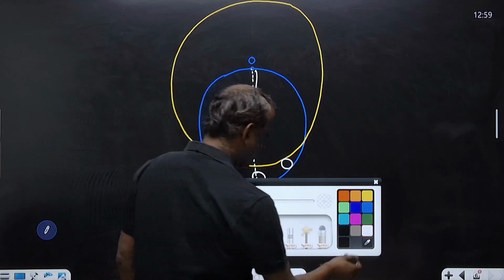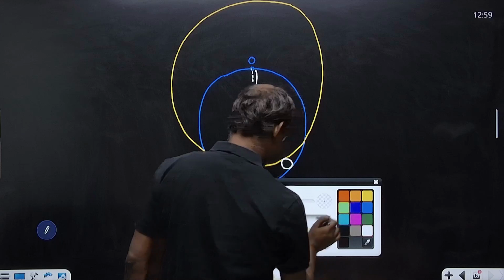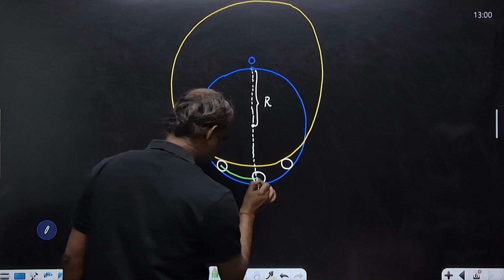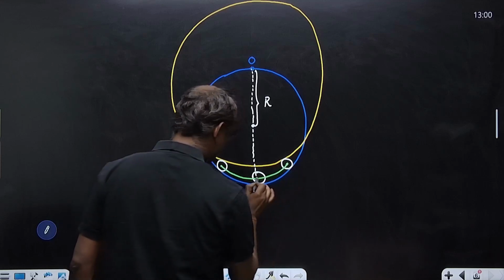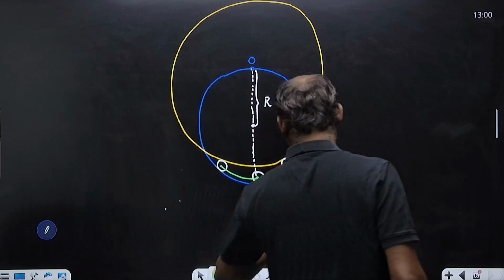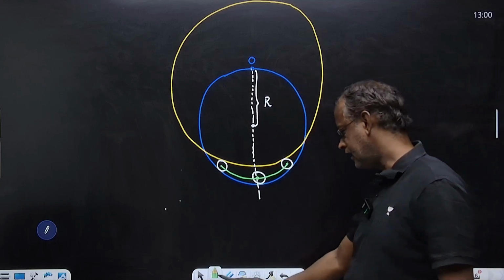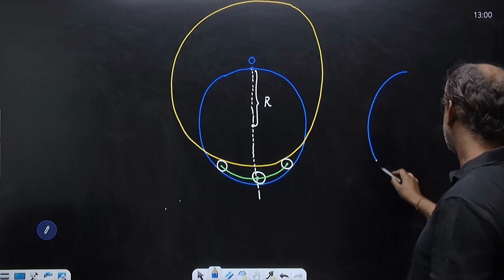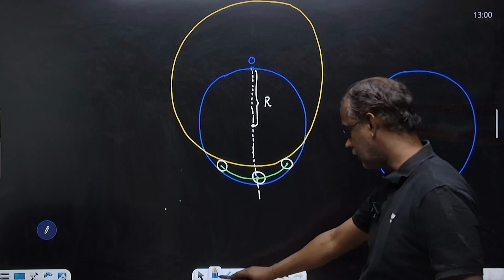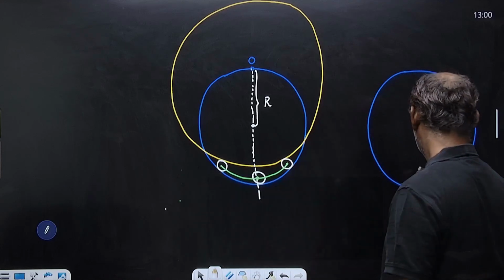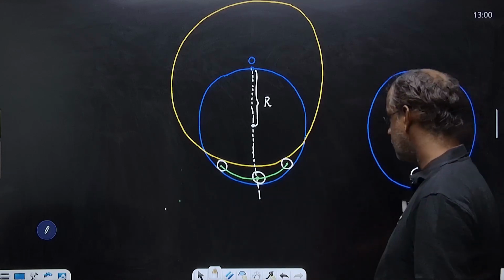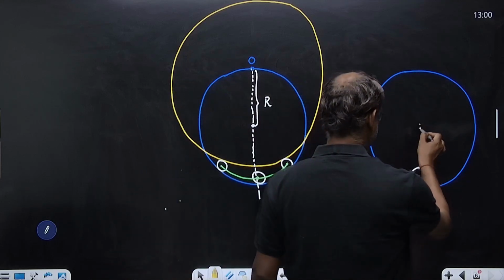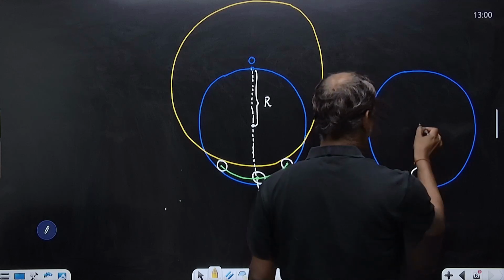Now what can we conclude from this? We can conclude that because the circle is always touching this blue circle internally, let me draw it separately. This is the blue circle. This is the white circle. Center of this circle, center of this circle.